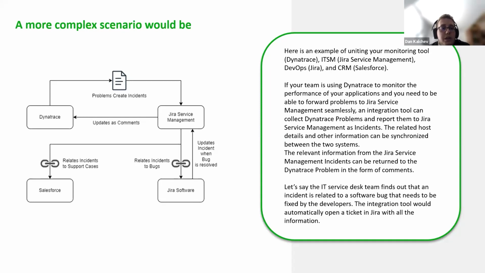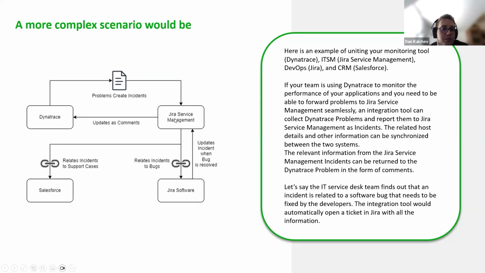Meanwhile, if this application has impacted the customers, they can submit a support ticket to the Salesforce ITSM, and then the integration can check that this support ticket already exists in Jira SM as an incident, and it can link the two tickets together.